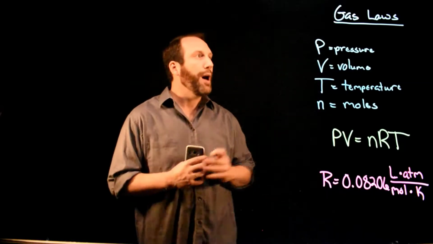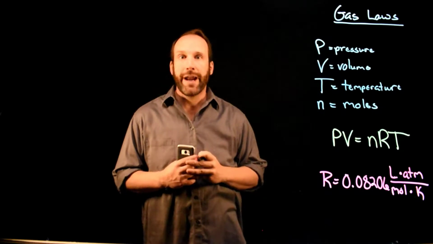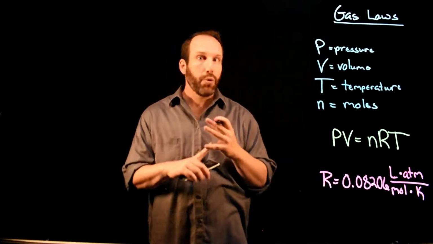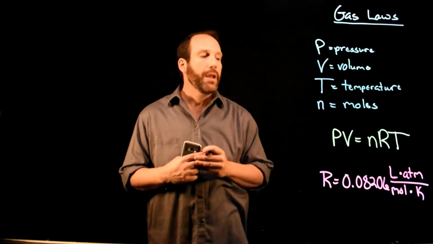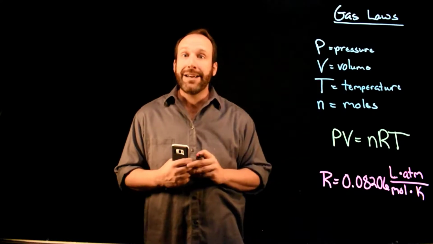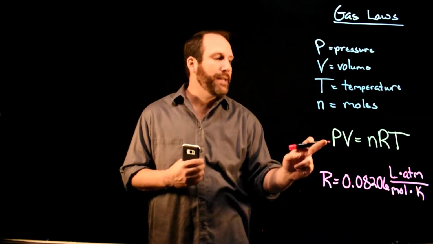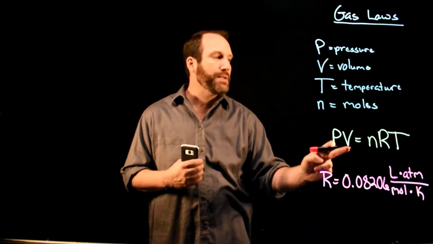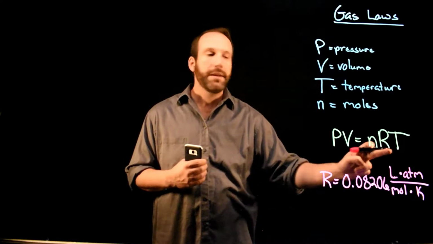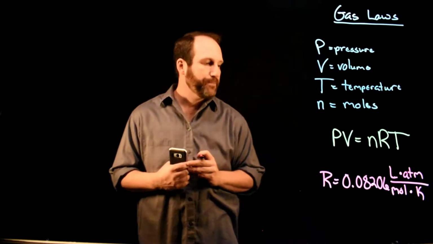Okay. So a couple things to keep in mind, right? Remember that the gas laws, no matter which one you're talking about, Boyle's or Charles or Avogadro, they basically can all be found within the ideal gas law, right? This idea that PV, pressure times volume, is equal to moles times a constant times temperature, okay?